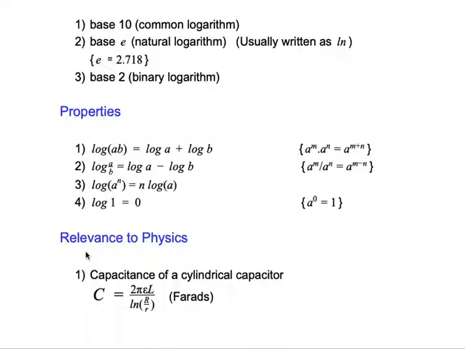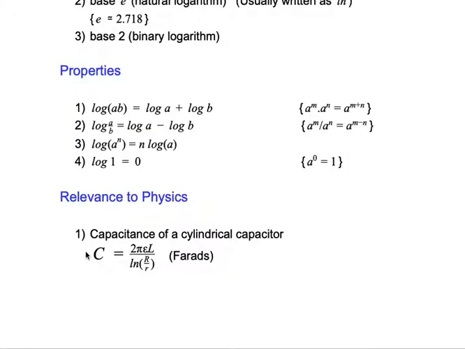Let's just see a practical case of this logarithm being employed in physics. So if you have a cylindrical capacitor, its capacitance is given by this particular formula. Now, there are many terms involved in this formula, and this is not really a video on capacitance. So I will not be explaining all the terms, but you can see the thing of interest over here is this logarithmic term.